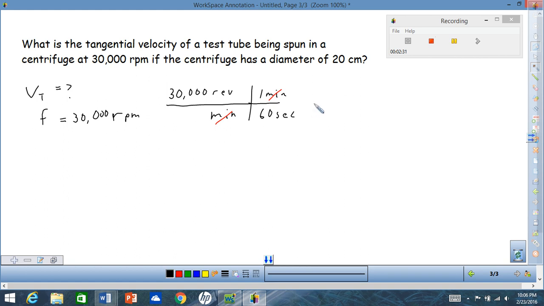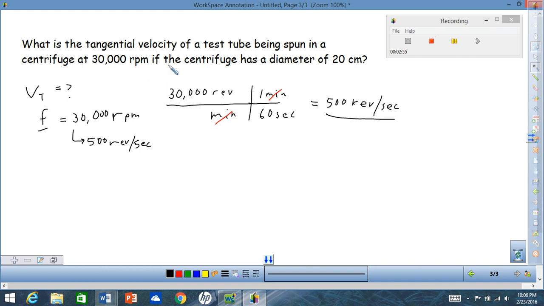That ends up equaling 500, not meters, revolutions per second. That is going to be our frequency: 500 revolutions per second.